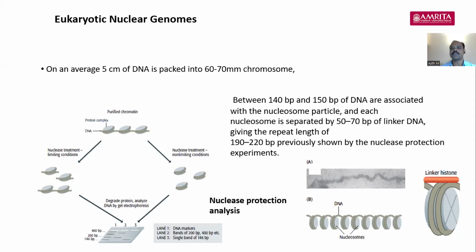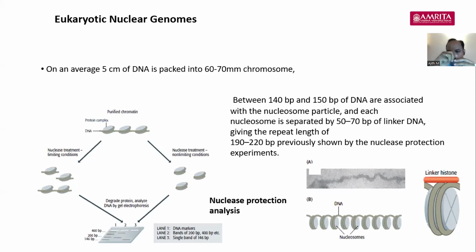Likewise, in the case of the DNA molecule also, you have a spool on which the DNA is wound. So the spool along with the wound DNA, you call it a nucleosome particle.